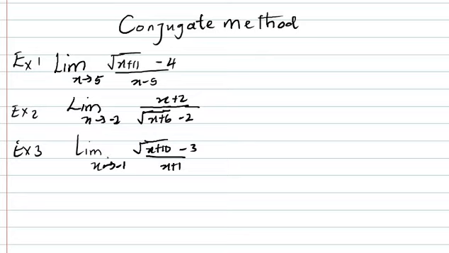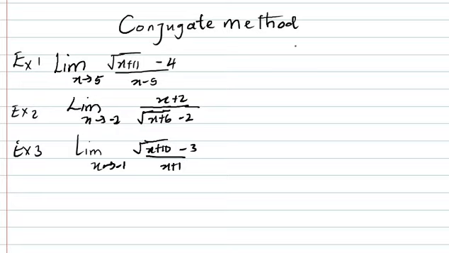In today's video we are in another set of limits called the conjugate method. In this method, the conjugate of a binomial expression, an expression with two terms. You can tell this because the Latin root "bi" means two.